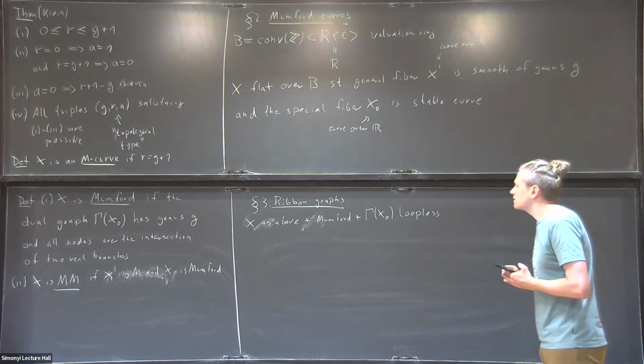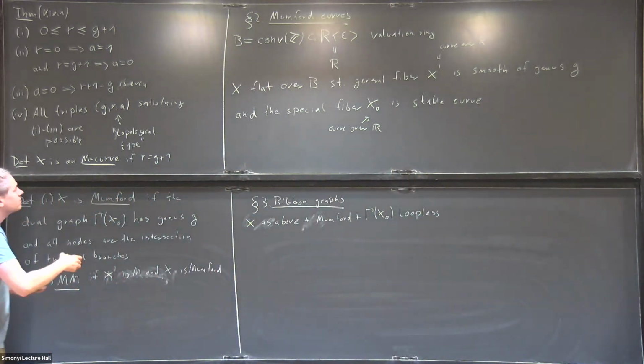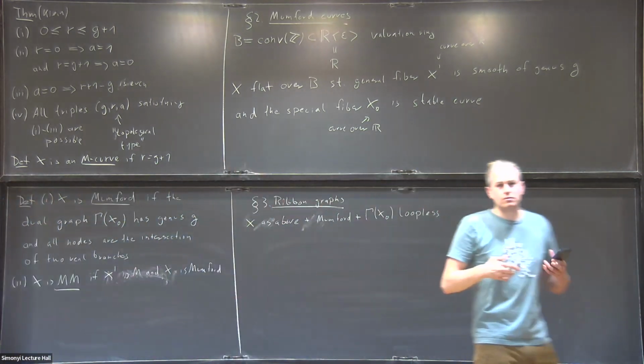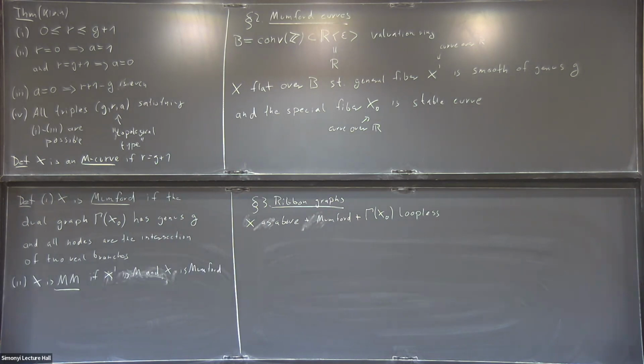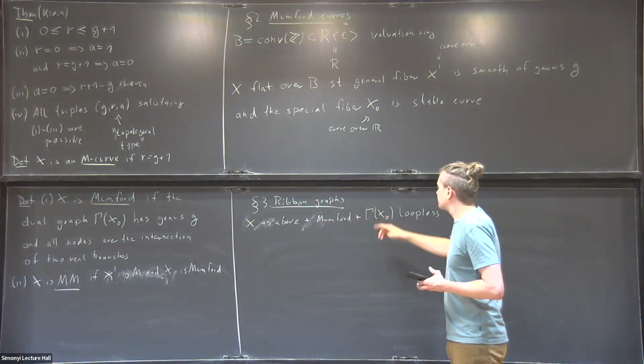So now the question is, given X0, a singular irreducible curve, when is it the limit of M curves? Can we read this off from the graph?